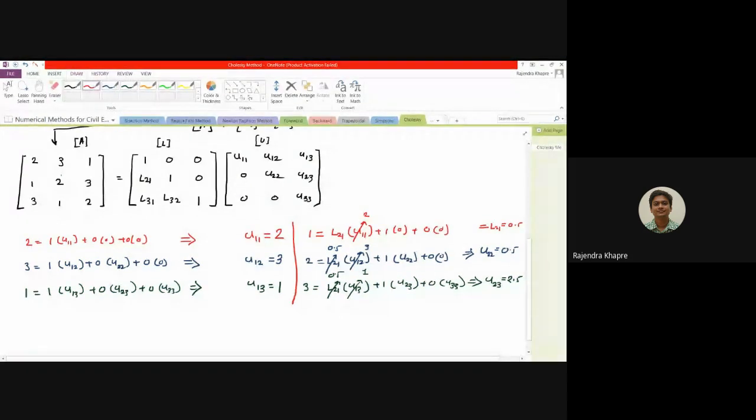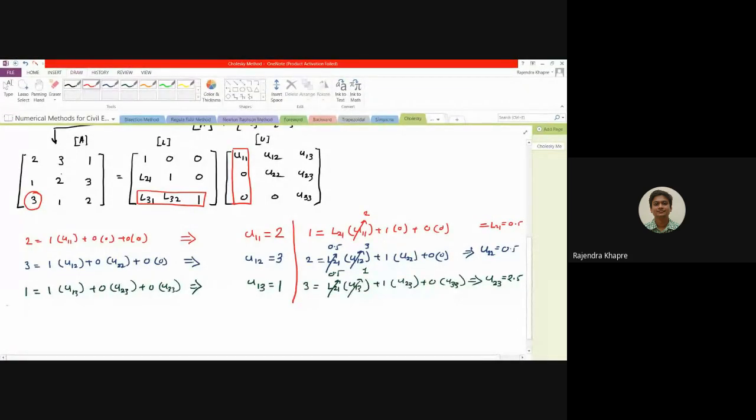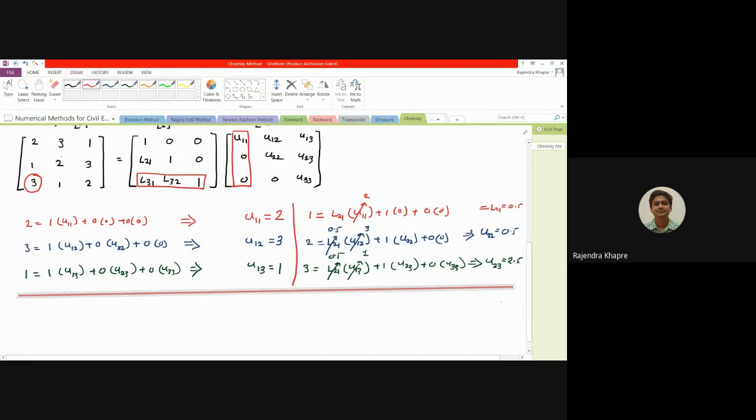So this 3 can be obtained by taking the multiplication of this row and this column. Okay, very simple. So here let me draw a straight line so that things can be clearly visible. Okay, fine. So this is the value of 3.